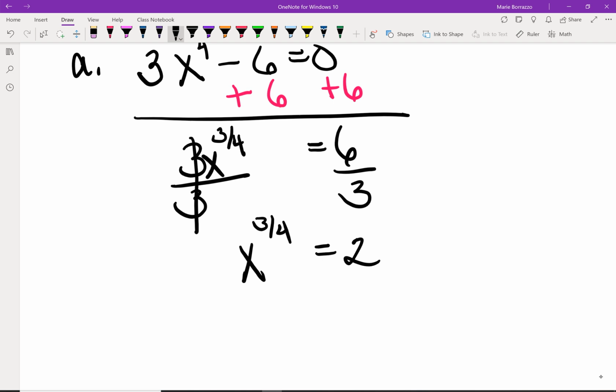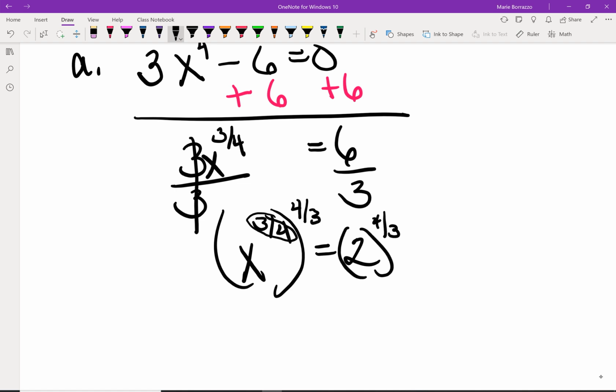Now, if you notice this is raised to the 3 over 4, we're going to raise it again by its reciprocal, which is 4/3, and we're going to do the same thing over here, 4/3. Now, what I want you to remember is that we already have the answer where x is equal to 2 raised to the 4/3, which, by the way, the cube is always a root.